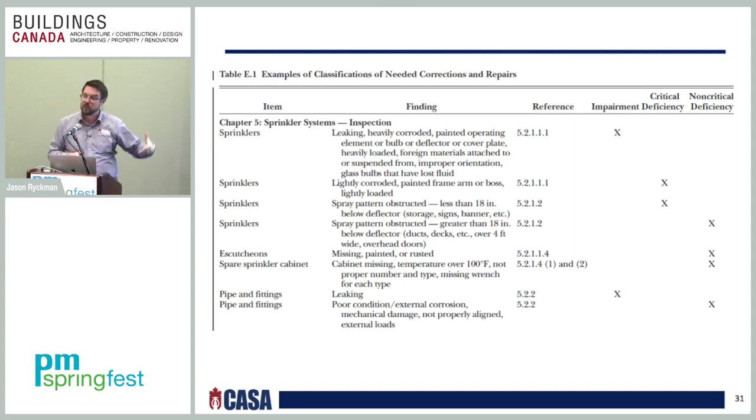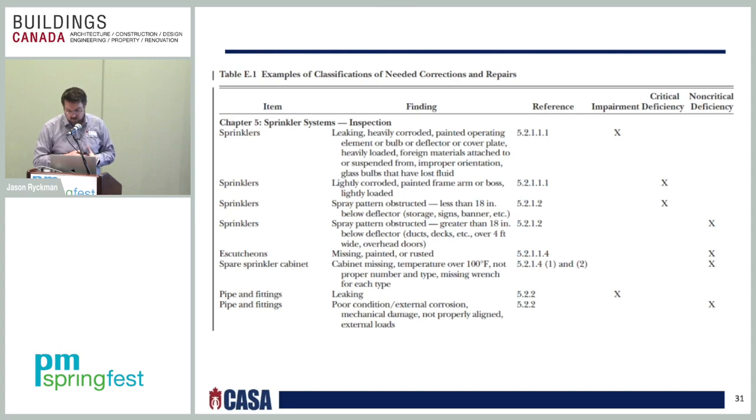And that's where this becomes very subjective, and a judgment call has to be made by the inspector. But these are really good tables found in the NFPA 25 document to give you a recognition of the differences of things that you would see out there that may or may not need your attention to make sure it's fixed.